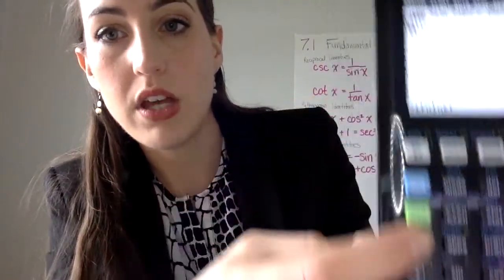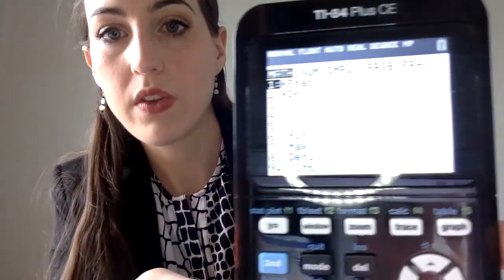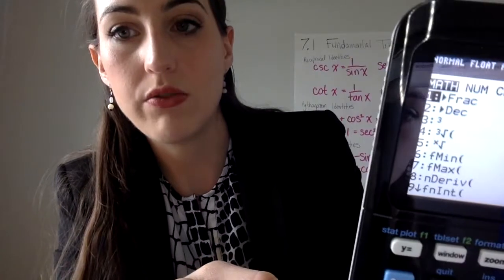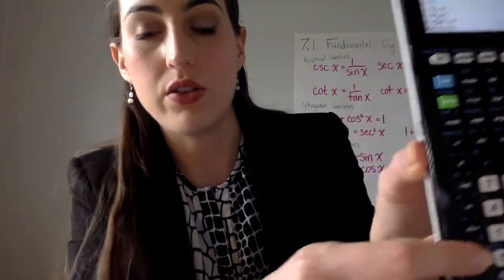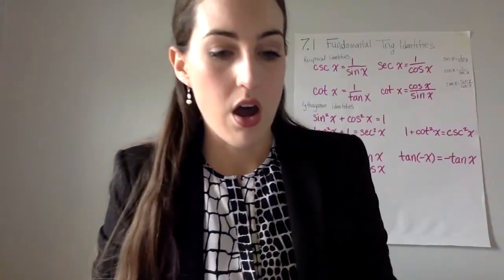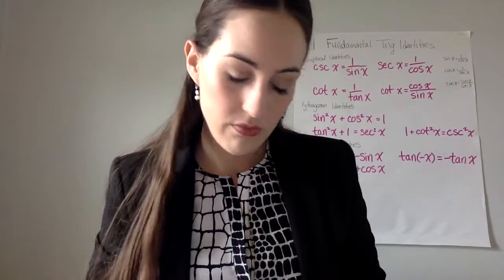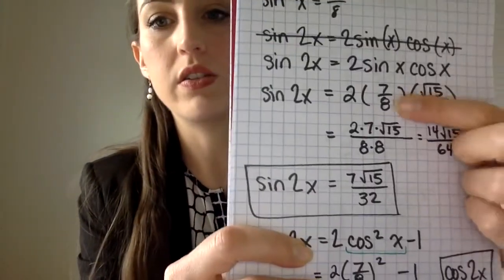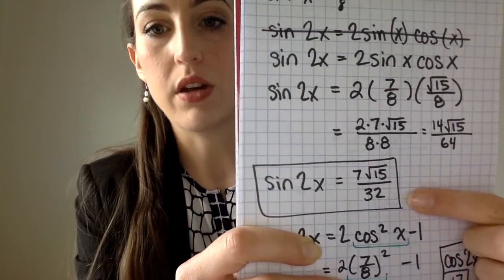When you hit that math key, it brings you to this screen and you just hit fraction. You just hit enter there, and it'll enter the word fraction. Okay, back to this. Simple math, reduce your fractions, and here's our double sine angle.